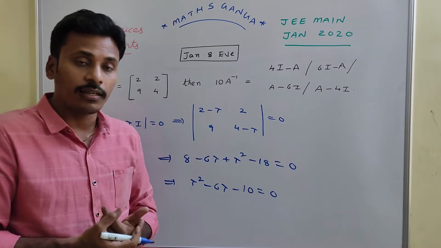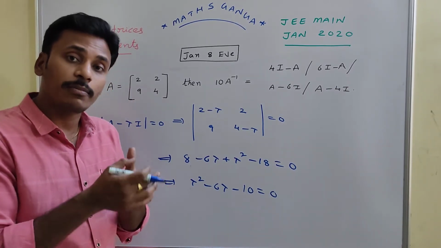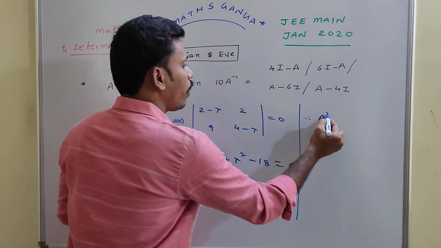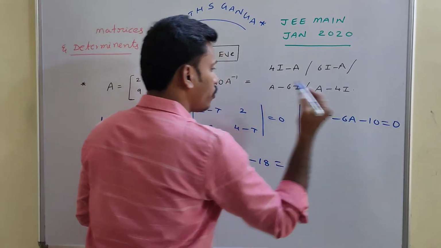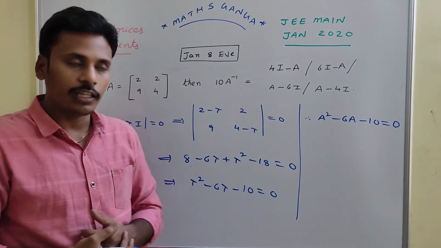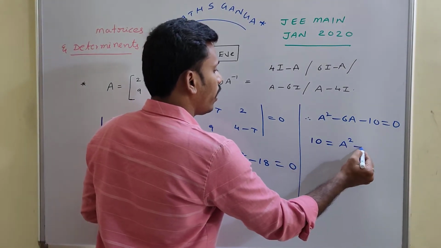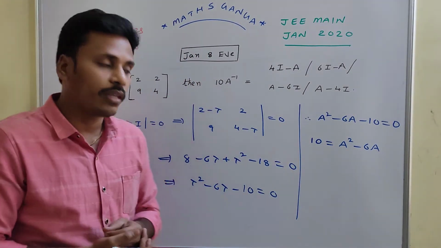Then by Cayley-Hamilton theorem, this characteristic equation for sure satisfies the matrix A. Therefore, A square minus 6A minus 10 equals 0. We need to calculate 10A inverse, so first rearrange it: 10 equals A square minus 6A. Now multiply everything with A inverse.